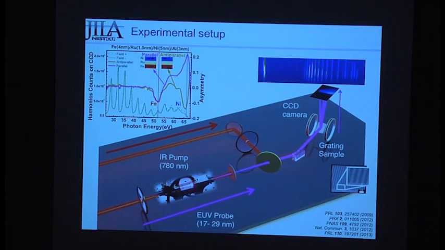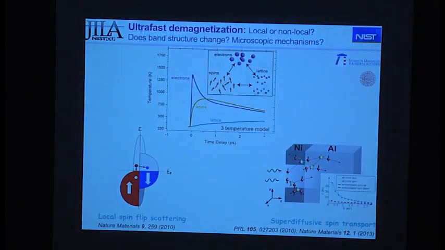And that's what's plotted here in purple and yellow, for multilayers of iron-nickel, showing the static magnetic asymmetry. After we heat with a femtosecond laser, we're destroying the magnetism, and if we completely quench the magnetism, then you would just get a straight line. So we can monitor the magnitude of that signal, and it's an extremely strong signal.